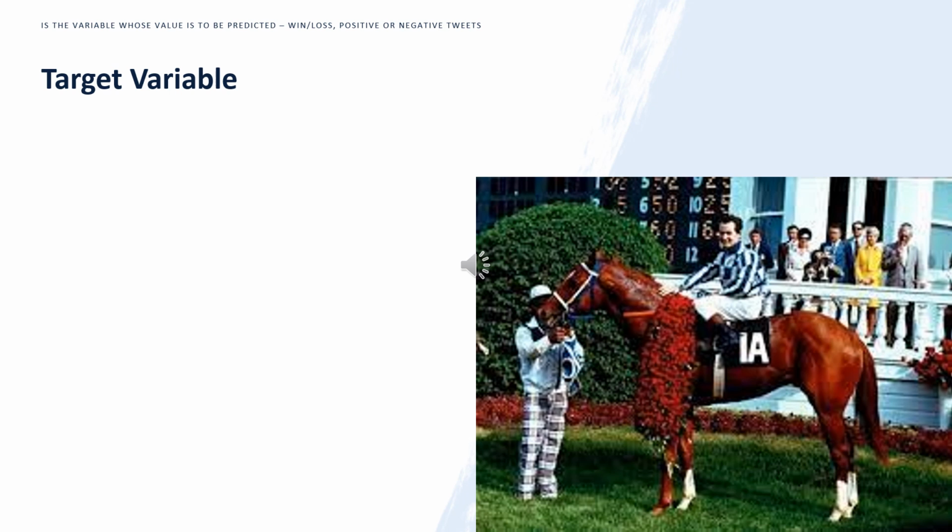In data analytics, it could be something like determining whether a customer's credit application will result in a default or predicting whether a tweet is positive or negative in sentiment. The target variable is at the heart of our predictive models because it is the ultimate outcome we're trying to estimate based on all the other data we have.